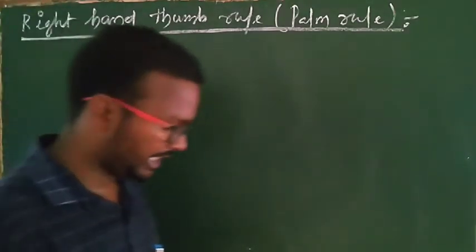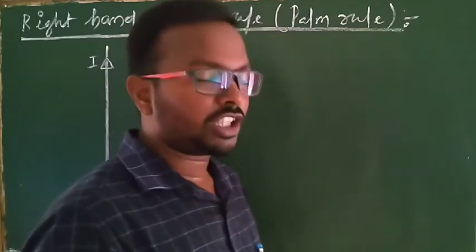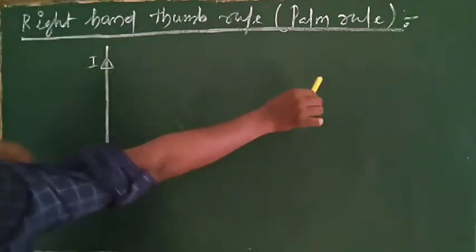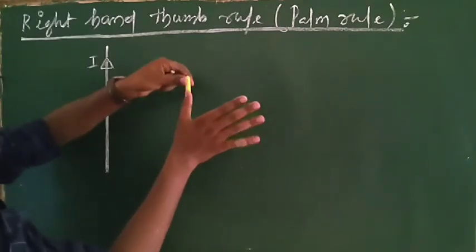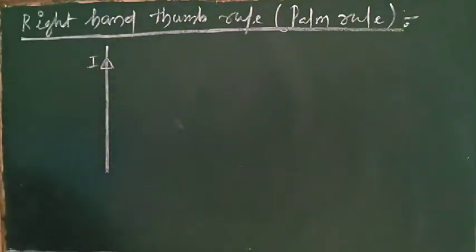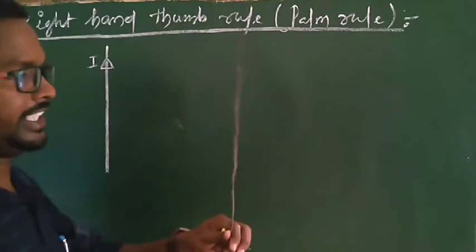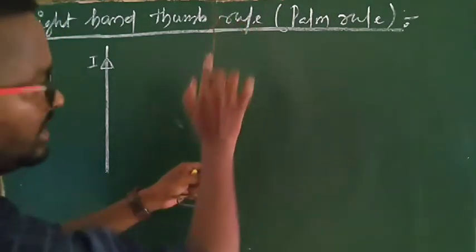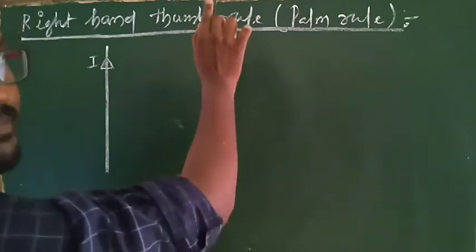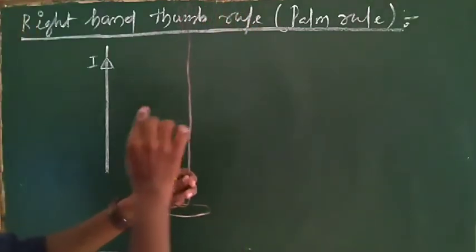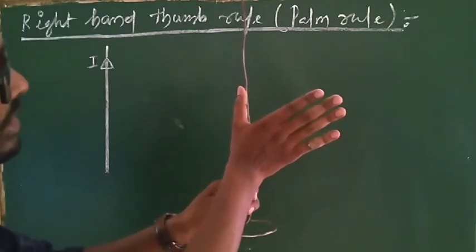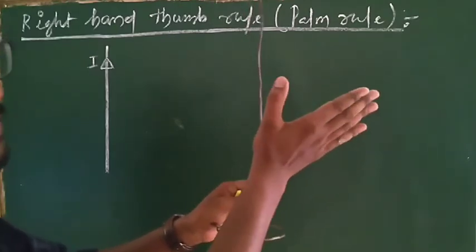If we hold a current carrying conductor in the right palm, clear? If we hold this conductor, this is the current carrying conductor and current is flowing through this direction. This is the direction of flow of current. If we hold this current carrying conductor in the right palm, the thumb indicates the direction of flow of current.